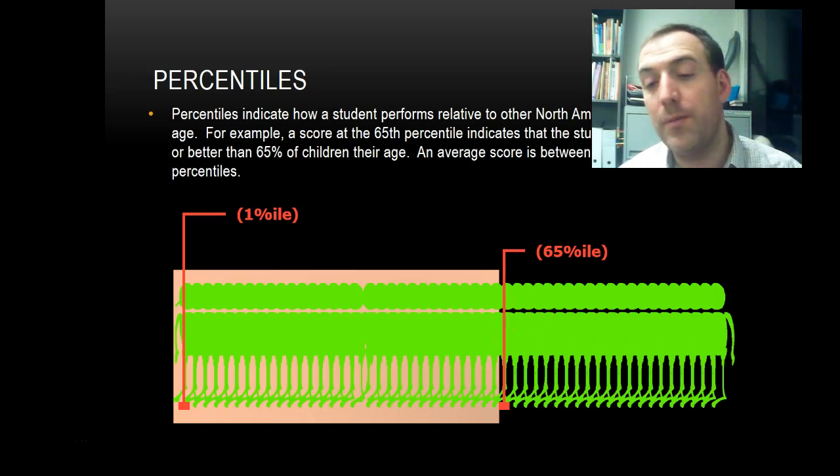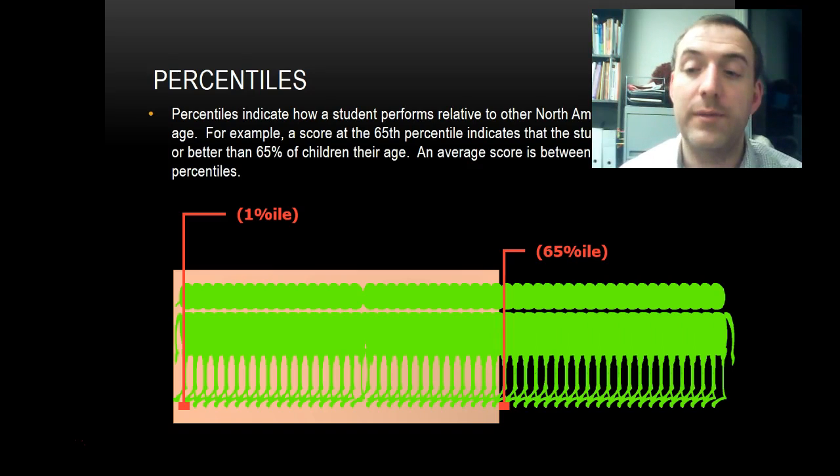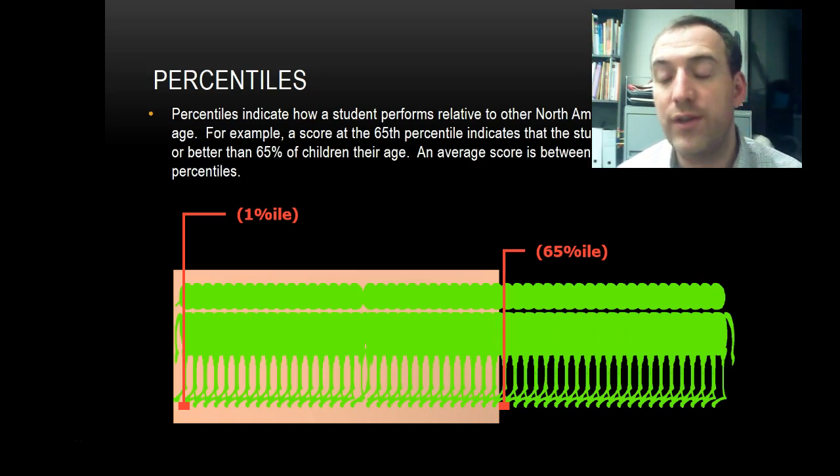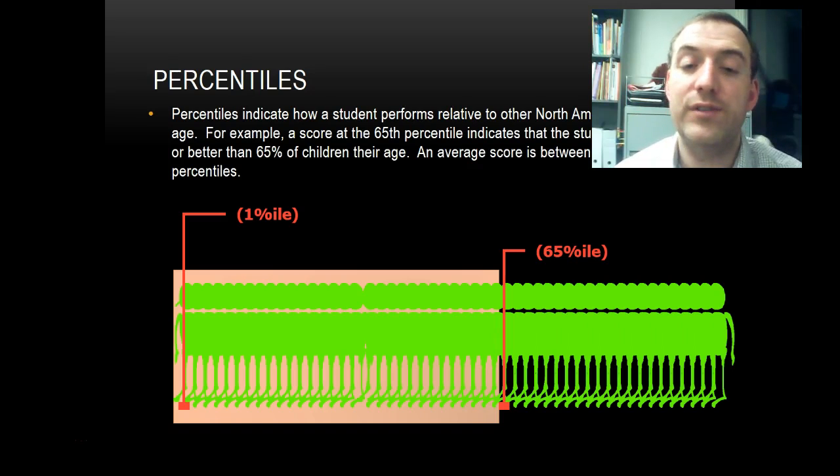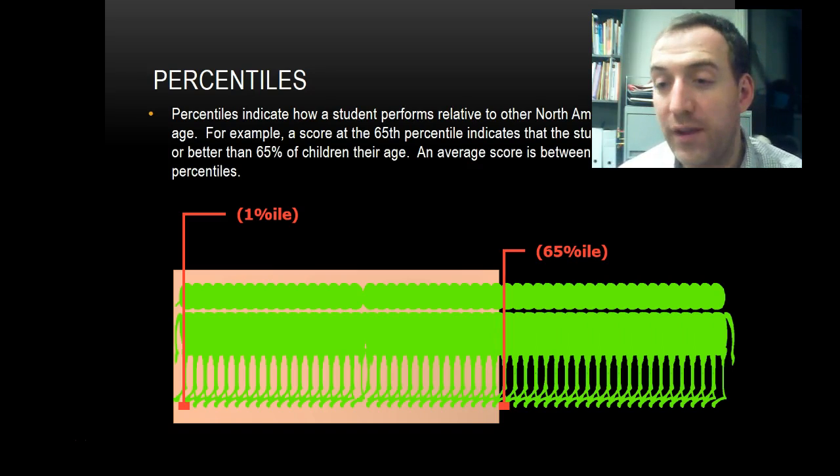So if I lined up 100 6-year-olds in this room and I scored at the 65th percentile, that means I did as well or better than 65 out of those 100 individuals my age. So a percentile is a relative position. Typically, average runs between the 25th and the 75th percentile.